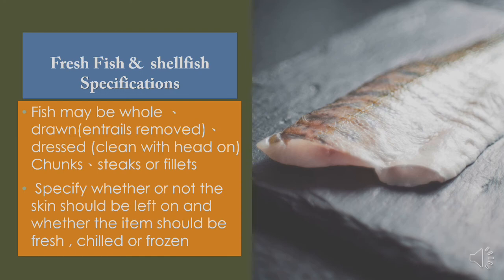Then you need to specify the grade of your fish or shellfish as well. This helps you ensure every delivery to your restaurant will be the same quality and the same standard.